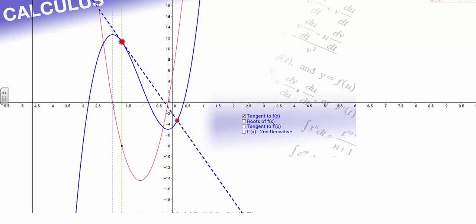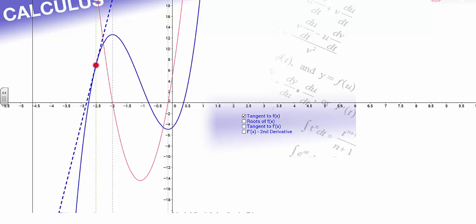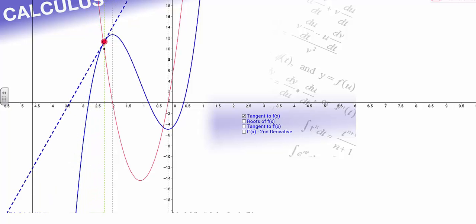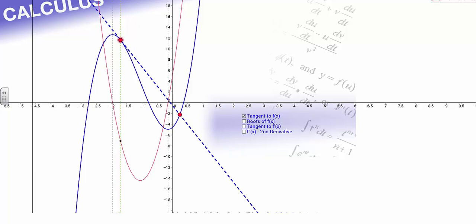Now let's talk about what's this other red dot that's appearing. So our tangent over here, it looks like it only touches in one place. But the reality is the tangent, even though it's tangent to one part of the graph, it's actually intersecting in another part of the graph.